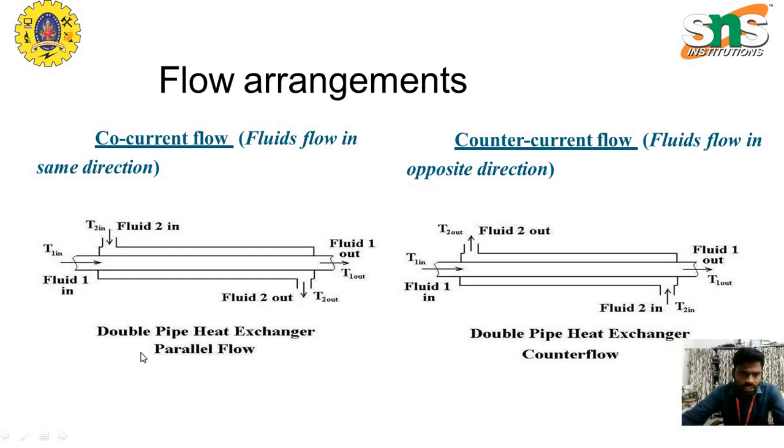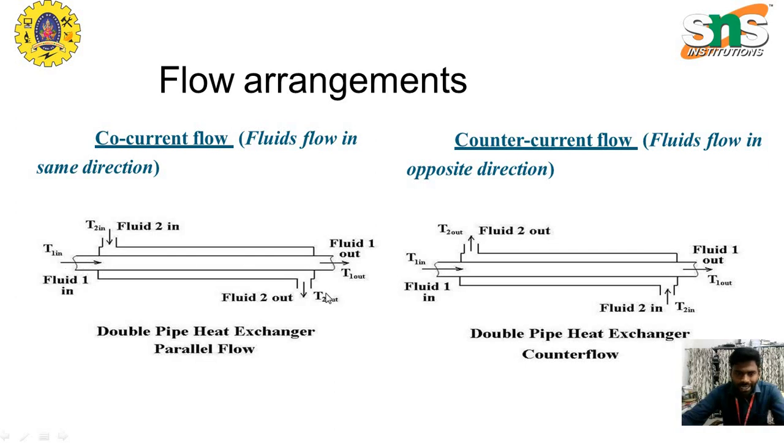In the first diagram, the double pipe heat exchanger with parallel flow, we have two tubes, a smaller tube placed inside the larger tube, where the inner tube carries one fluid and the outer surface of the inner tube carries the other fluid. Here on the left side, we have fluid 1 in and fluid 2 in, so both fluid inlets are in the same place.